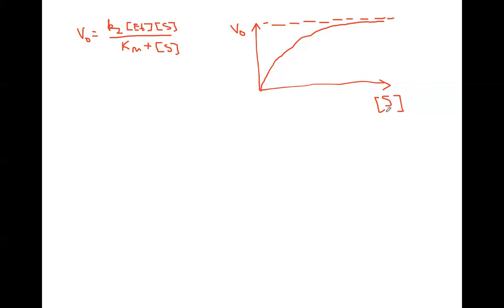Then you add more substrate and nothing happens anymore. The enzyme is full, all the seats are taken. It cannot take any more substrate. No matter how much more substrate you add, there will be no more seats available. The rate reaches maximum. This is known as Vmax.